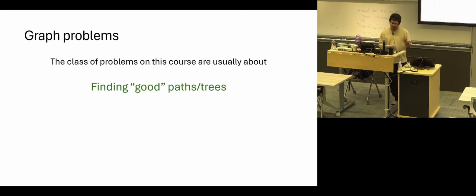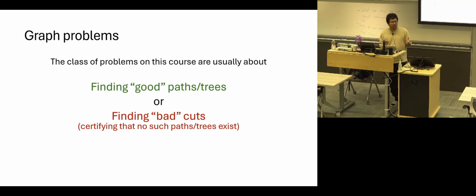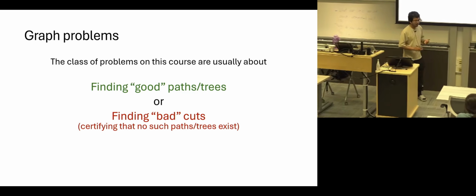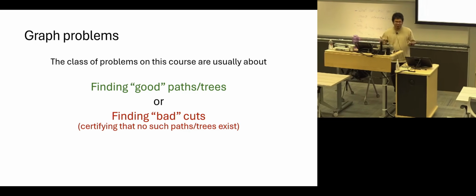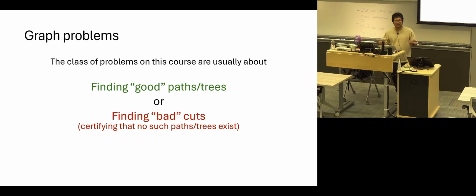So the question is kind of finding good paths or trees, the things that I mentioned, or finding bad cuts. What do I mean by that? It means that if you know that you cannot achieve such a goal, for example, if you cannot find many paths connecting S and T, can you have some certificate that shows that it is just impossible?